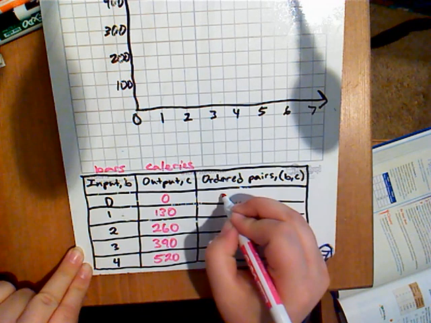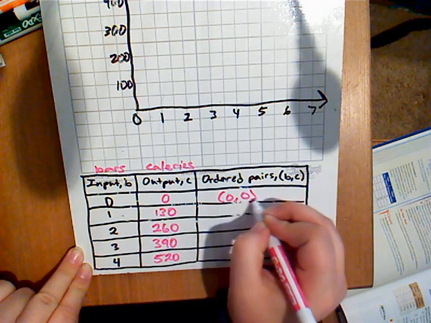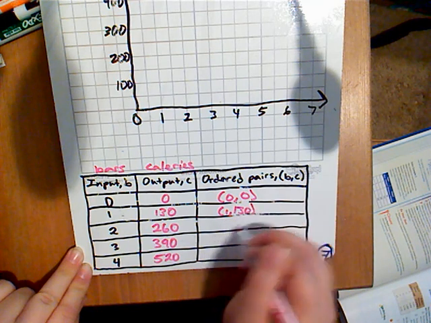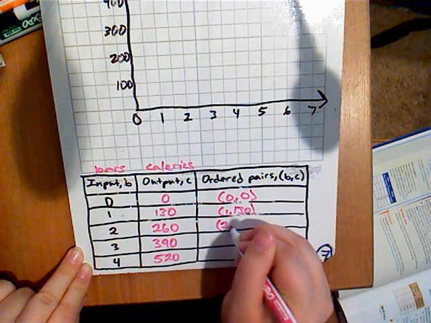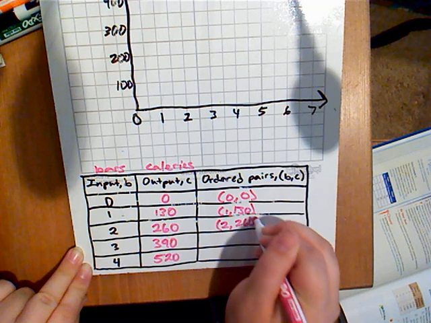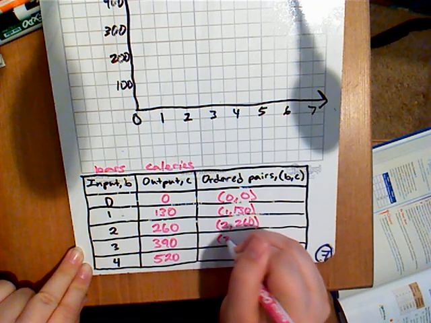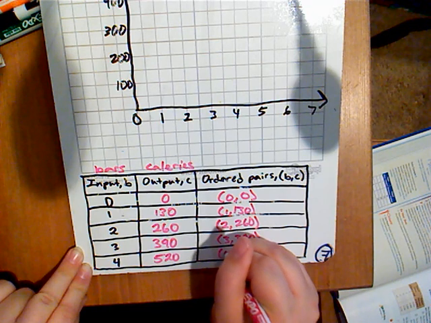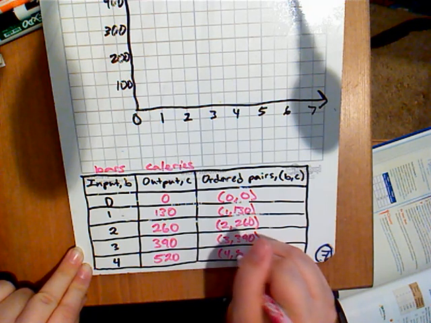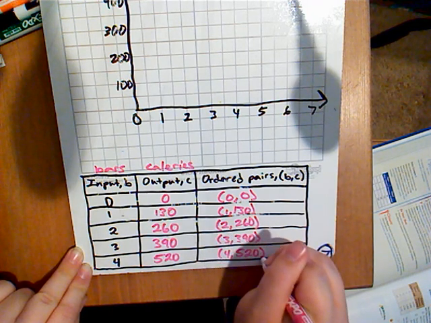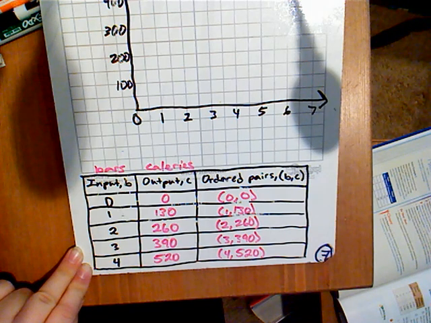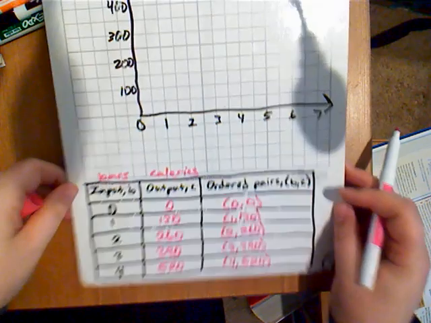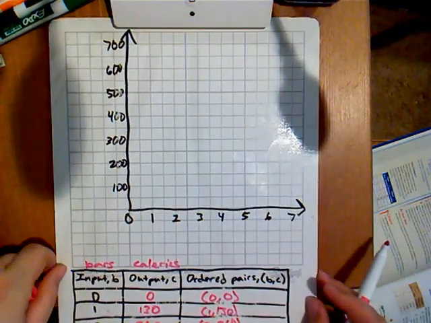So then our ordered pairs would be (0, 0), (1, 130), (2, 260), (3, 390), and (4, 520). Okay, so then we're going to take those ordered pairs and put them into our graph.